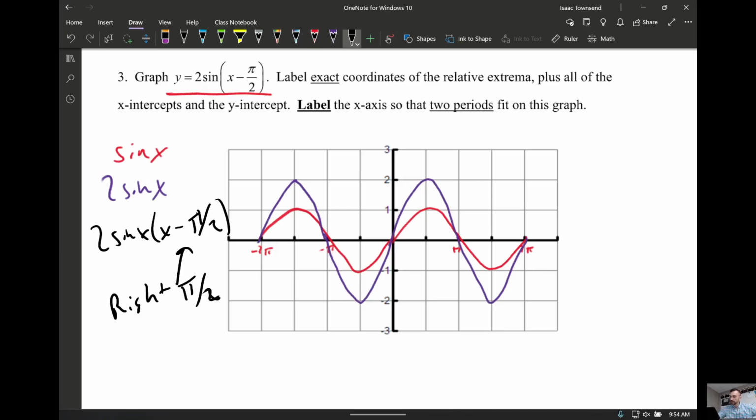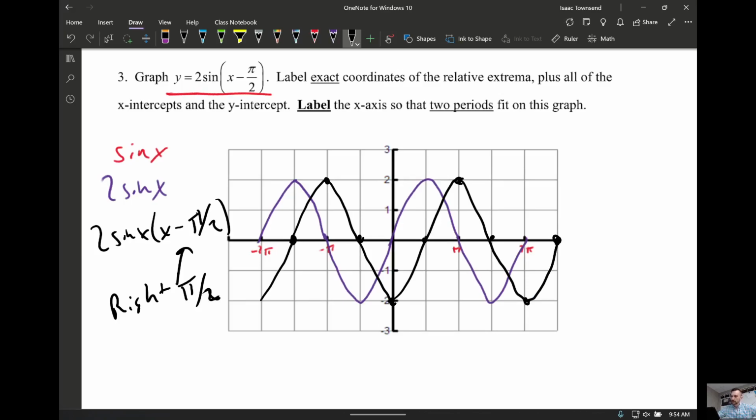Take all those points, shift right pi over 2, right pi over 2, right pi over 2, and my guess is this is probably why they made that extra tick mark to the right and left, so that when you moved it, it would still fit on there kind of nicely. So that's what I think Y looks like.